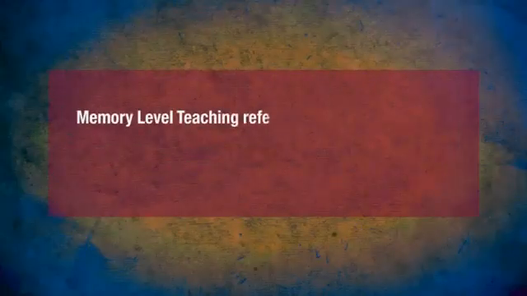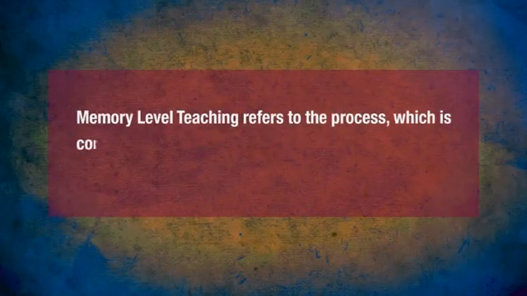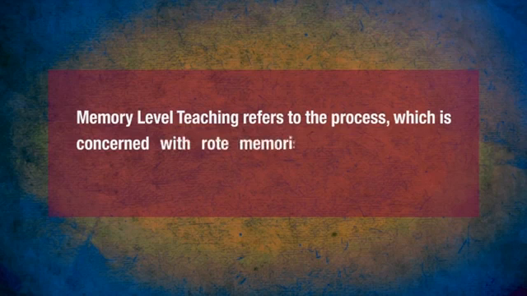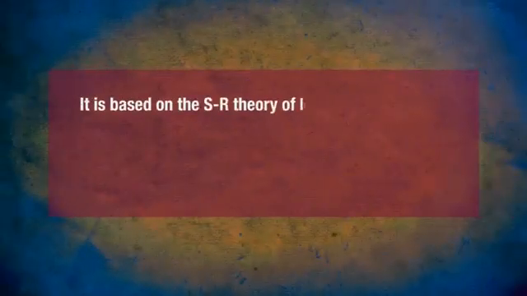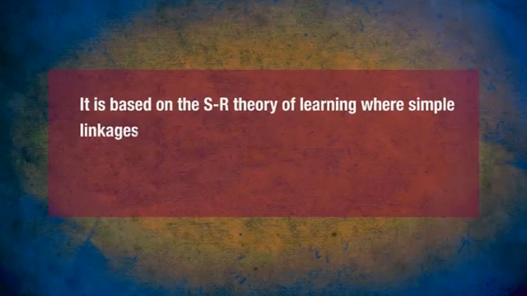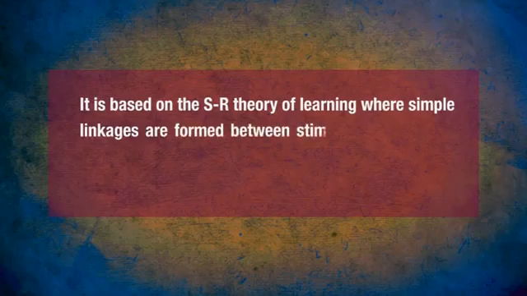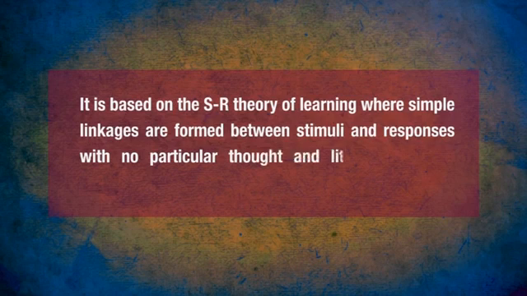Memory level teaching refers to the process which is concerned with rote memorization of the factual material. It is based on the SR theory of learning, where simple linkages are formed between stimuli and responses with no particular thought and little purpose or application involved.